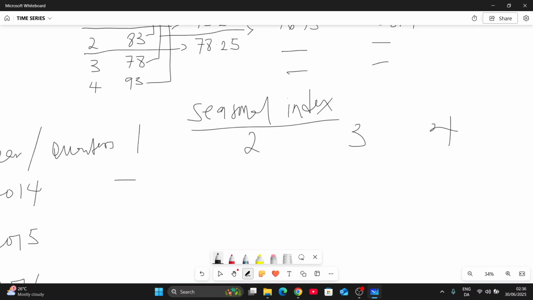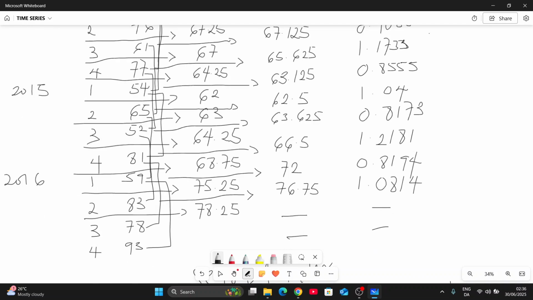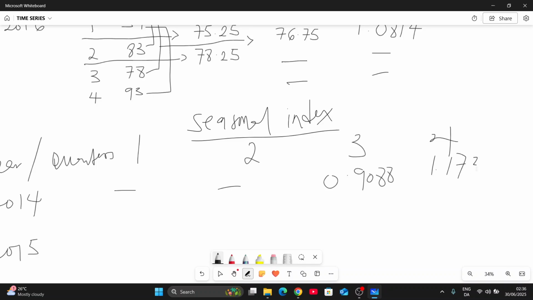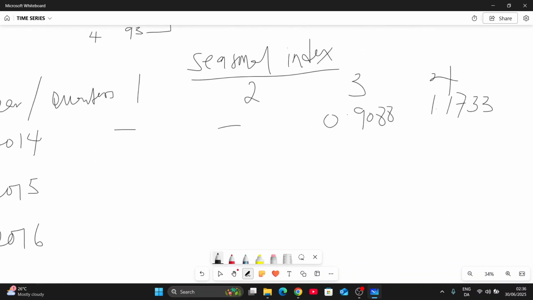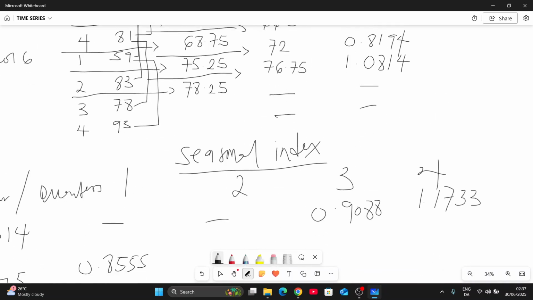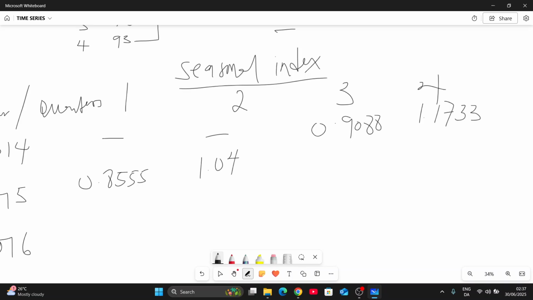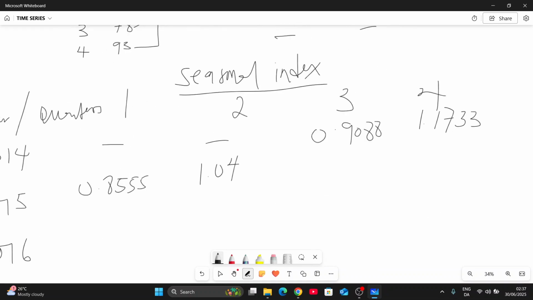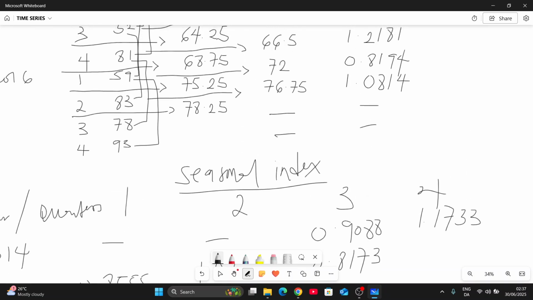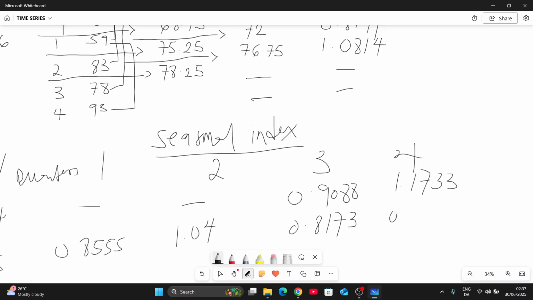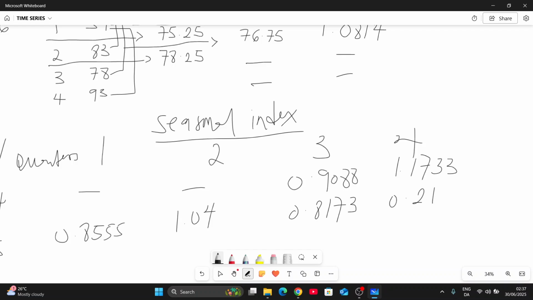0.9088. The next one is 1.1733, then 0.8555, then 1.04, then 0.8173, then 1.2181.